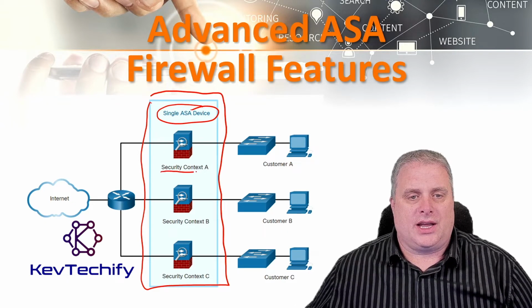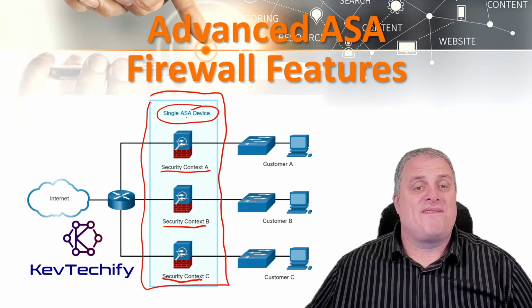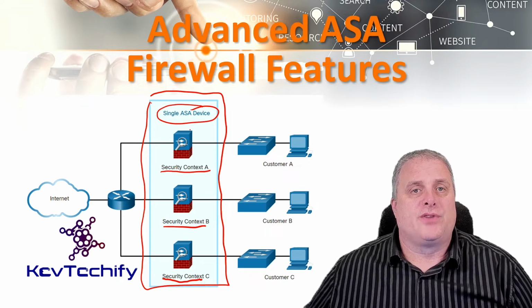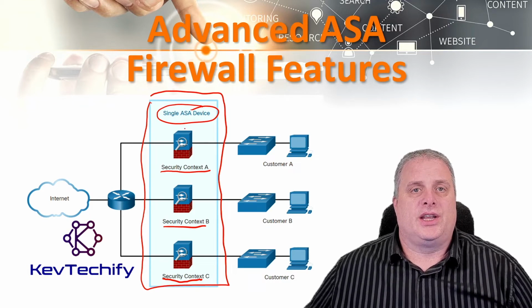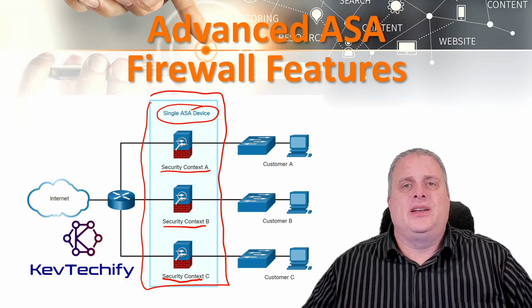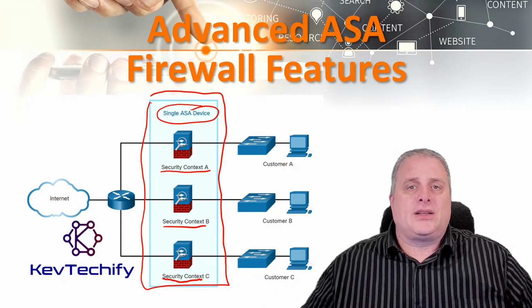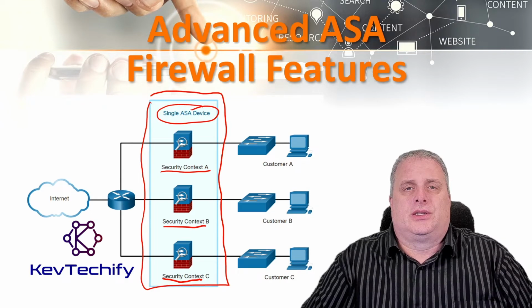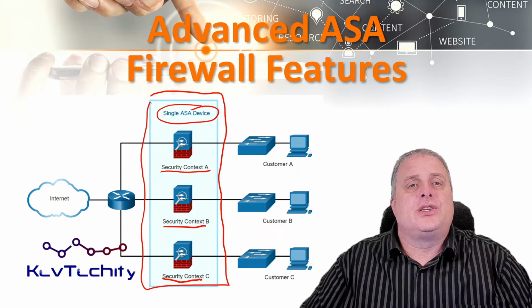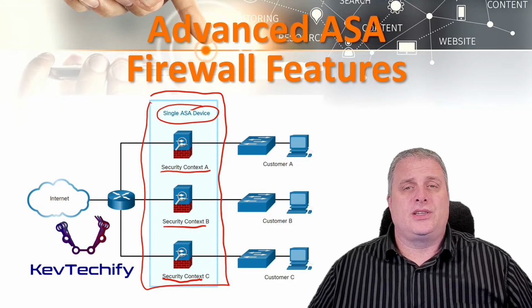So we have security context A here, B, and C. So one physical device with virtual partitions, virtual devices called a security context. Each context is an independent device with its own security policy, interfaces, and administrators. Multiple contexts are similar to having multiple standalone devices.